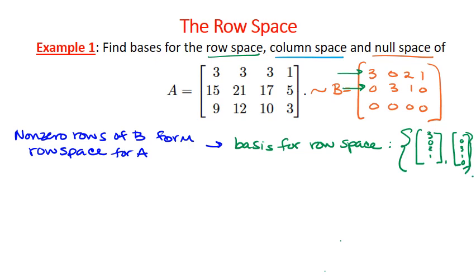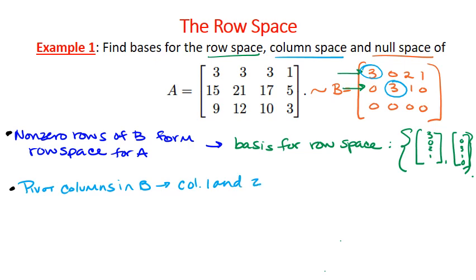Okay, all right, so now we need to go on to the column space. So this is part 1, part 2. What we want to do now is identify the pivot columns in B. Here's a pivot column and here's a pivot column. So the pivot columns are column number 1 and 2.